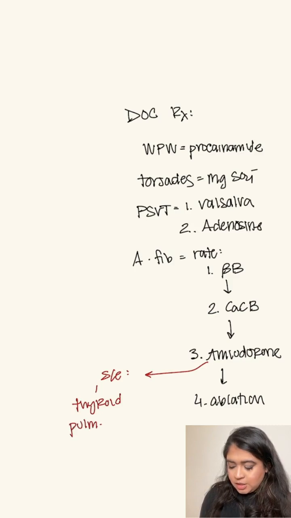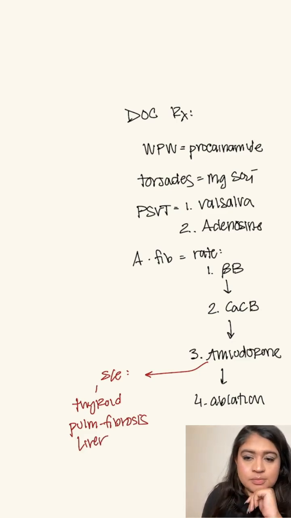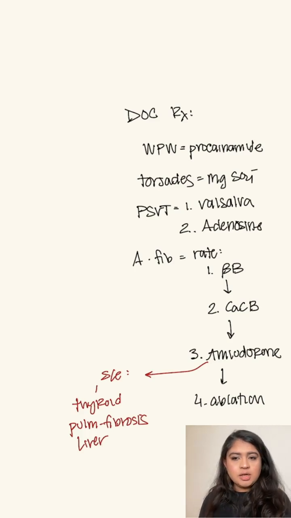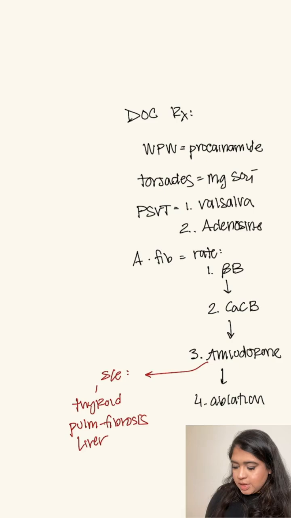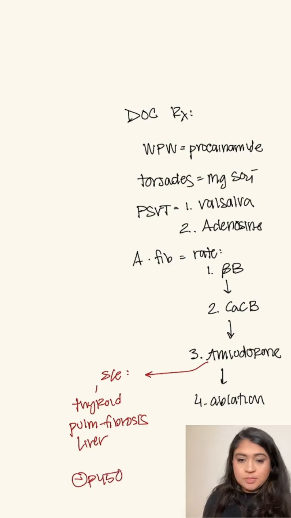You're worried about pulmonary fibrosis. I saw that in the chat as well. You're worried about liver. So thyroid, liver, and lungs. Yeah, interstitial lung disease, right? The pulmonary fibrosis. For more step 1 students, they will also ask you that amiodarone is a CYP450 inhibitor.